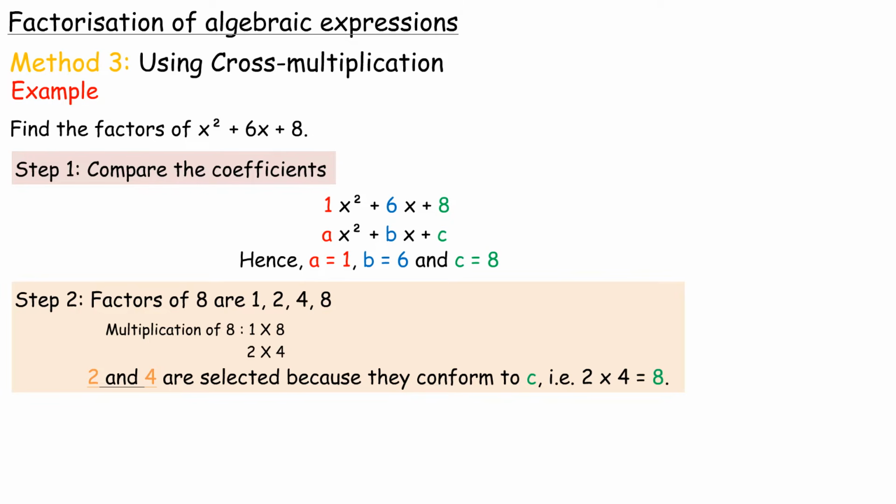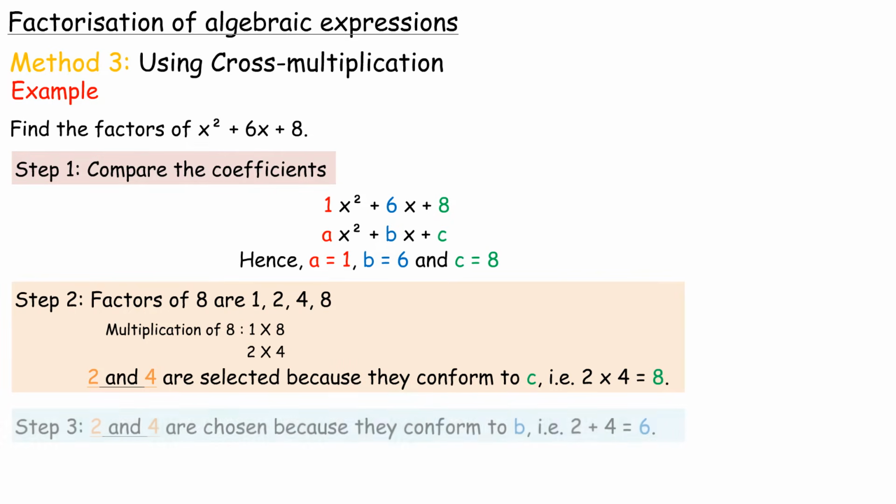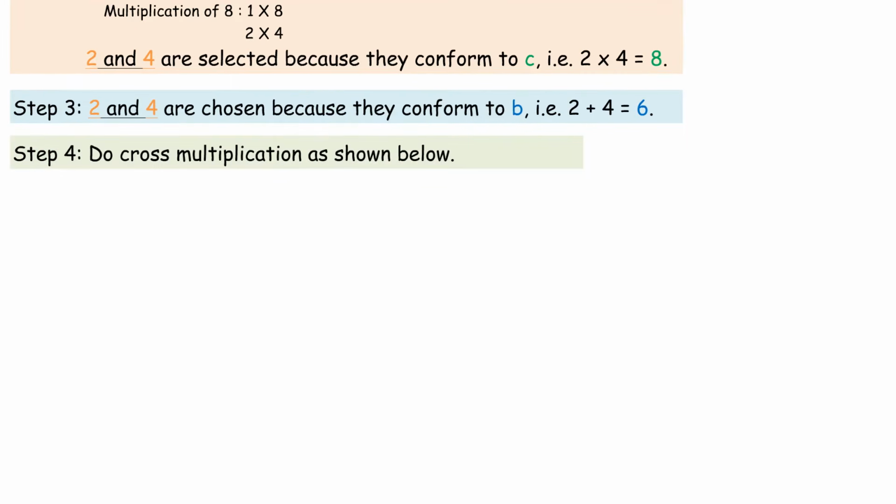That is, 2 times 4 equals 8. Step 3, 2 and 4 are chosen because they conform to b, that is, 2 plus 4 equals 6. Step 4, do cross multiplication, as shown below.